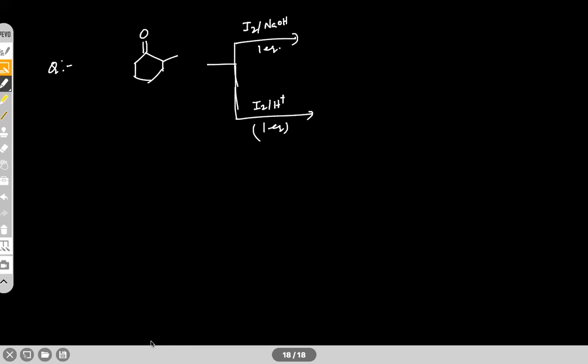So are you done with this? See, this is the basic medium. So what do we need to write? We need to write down the stable carbanion. Two possible carbanions you can think of here. One is this, double bond O will be as it is, and the other one is the other alpha carbon, which is this.